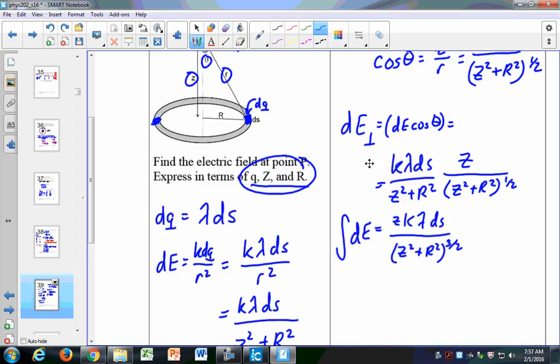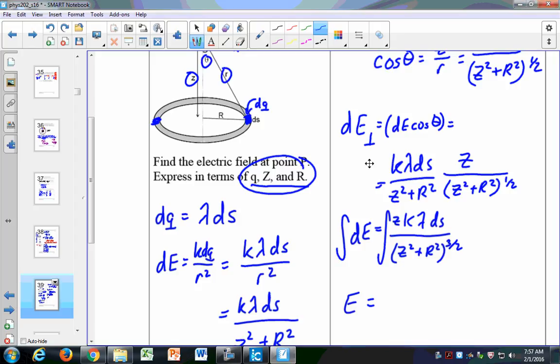Now I'm at a point where I want to actually integrate across this. I'm going to integrate across the entire circumference of this circle. So what can I take out of this integral? Which of these quantities depends on s? Is z constant, or does it change as I move around the circle, as s changes?